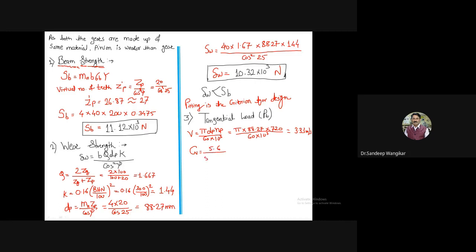For helical gear, we have only one formula: CV is equal to 5.6 divided by 5.6 plus under root V. Calculate CV. So I will say here 5.6 divided by 5.6 plus under root 3.33.